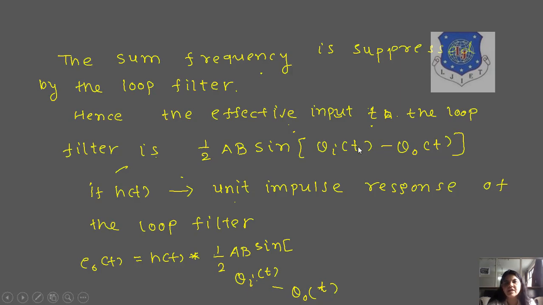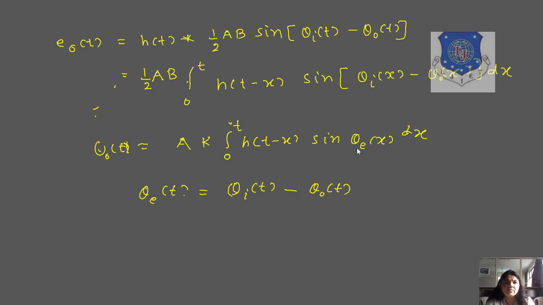We put this component over here. So E0(t) is equal to h(t) convolved with 1/2 AB sin(theta i(t) minus theta 0(t)), which is equal to 1/2 AB times the integral from 0 to t of h(t minus x) sin(theta i(x) minus theta 0(x)) dx.